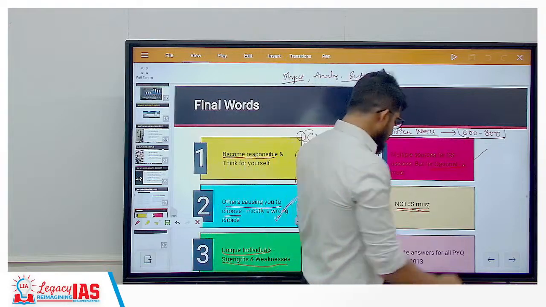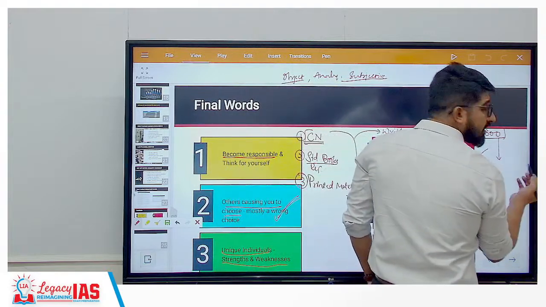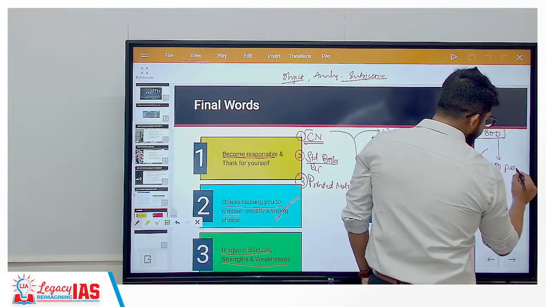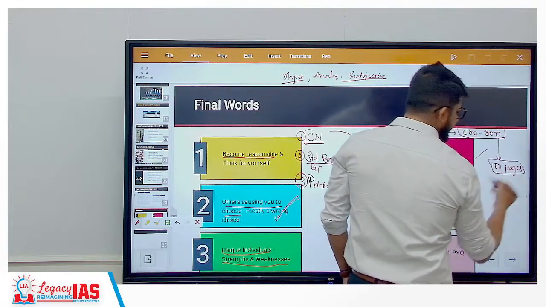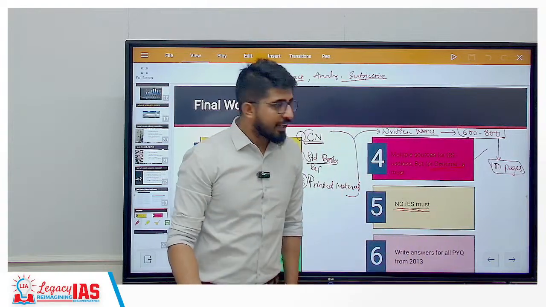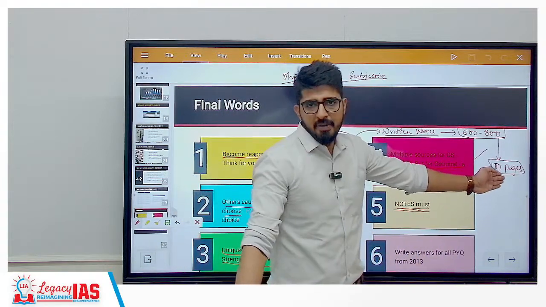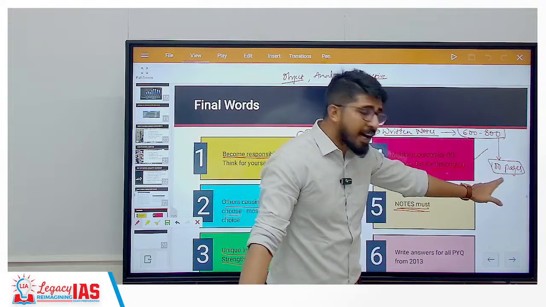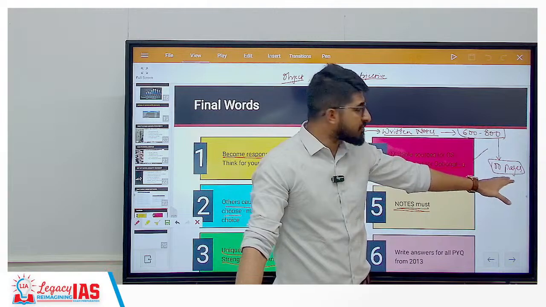Now, you are supposed to summarize these into, let's say, 100 pages. Make short notes of it. Now, keep revising these 100 pages, probably 4 to 5 times. There is an advantage of making the short notes.